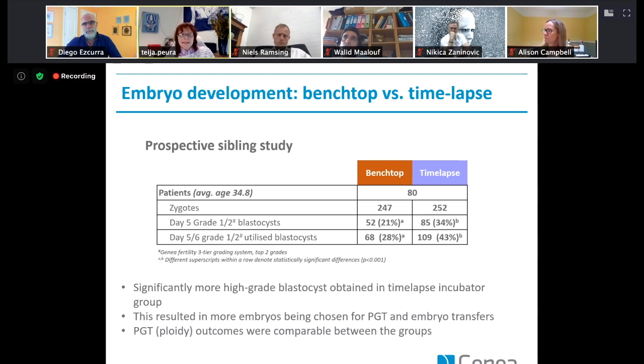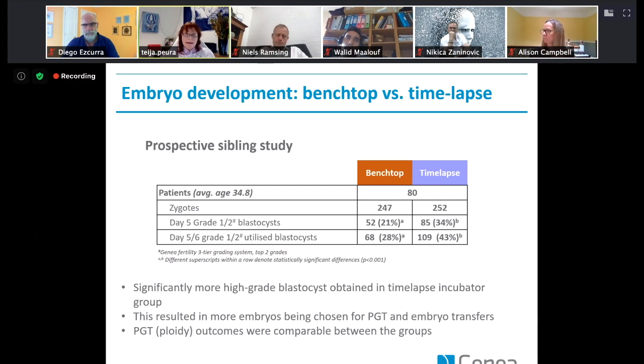So what was noticed in this prospective study was that immediately, the time-lapse caused a significantly higher number of embryos to develop into top-grade blastocysts, the grades 1 and 2, and overall more utilized top-grade blastocysts. And consequently, because obviously the best embryos were chosen first for the PGT biopsies as well as for the transfers, more embryos were chosen for further embryo transfer cases.